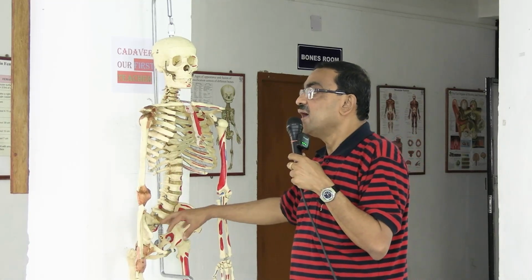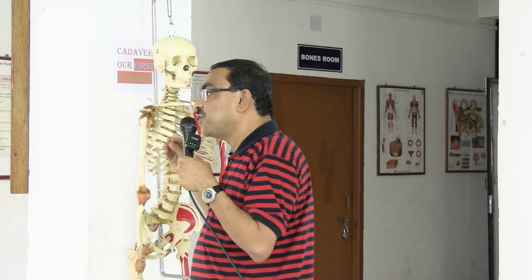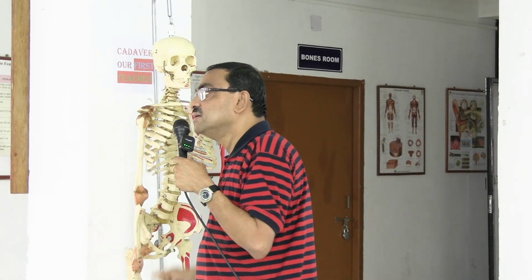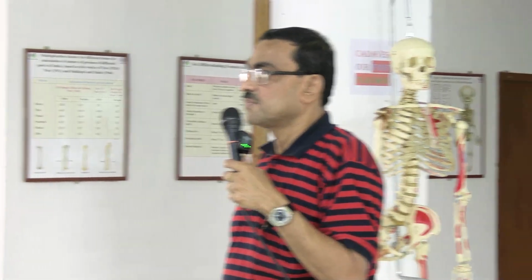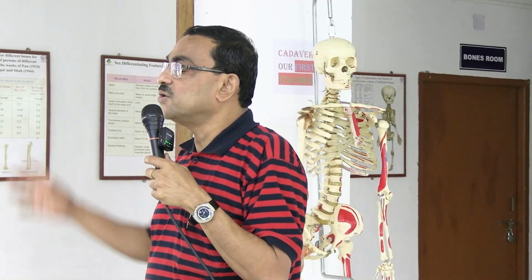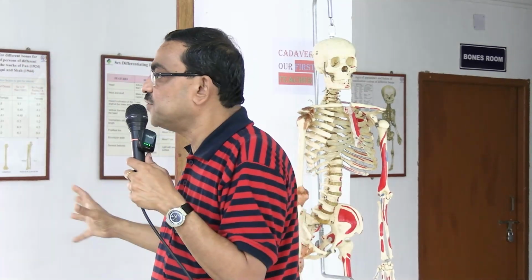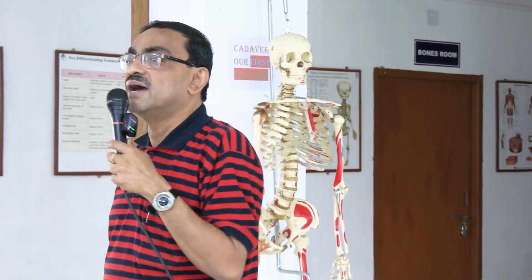And also there is peritoneum. The peritoneal vessels can also supply this ureter. The vessels present in the peritoneum also can supply this ureter.